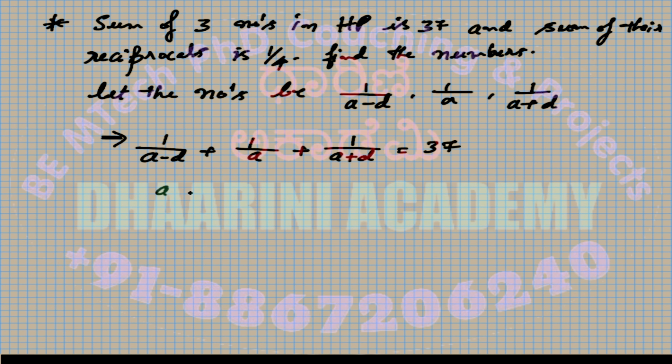144d cancels. So I'll bring the 25 to this side: 1 minus 144d square equals 24 by 25.